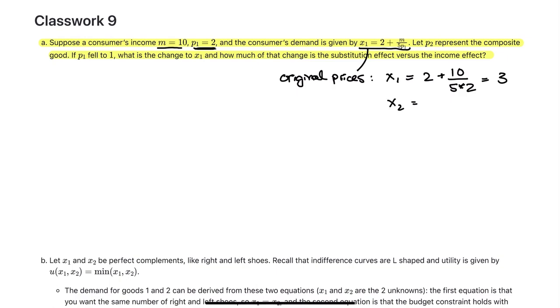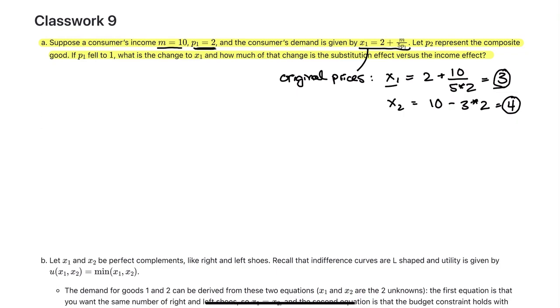How much money are we spending on all other goods? We'll take our income, 10, and we'll subtract our expenditure on good 1, which is we bought 3 of them, and we bought them at a price of 2. So 10 minus 6 is 4. So our initial consumption is 3 of X1 and 4 of X2.